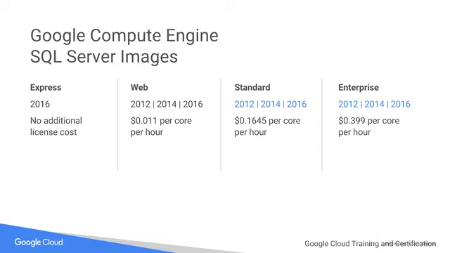Each SQL Server edition can be deployed on a variety of versions of Windows Server. Take a look at the docs for more information on this. Once again, the default price includes both the Microsoft Windows Server and SQL Server license cost, with the same per-minute billing. However, in this case, you'll be able to bring your own license.